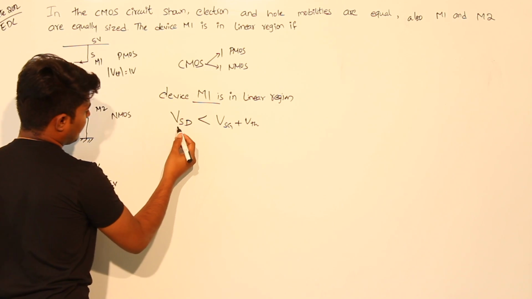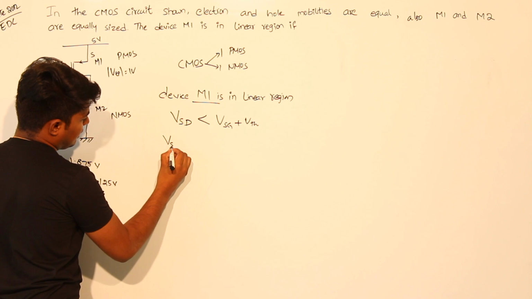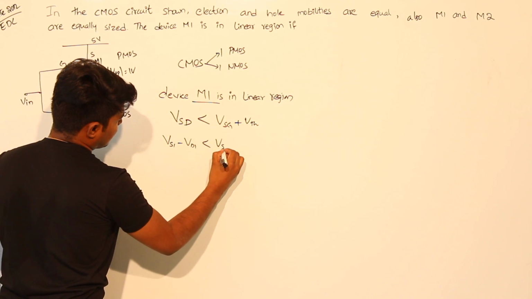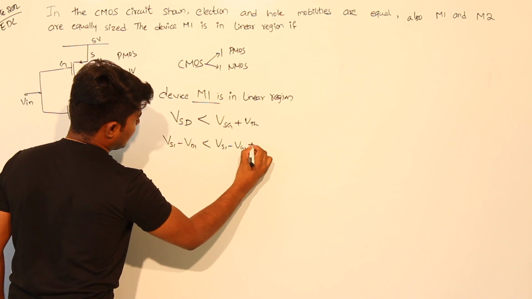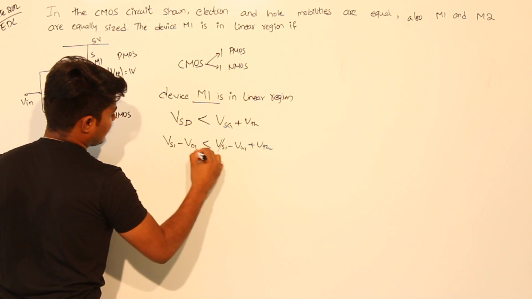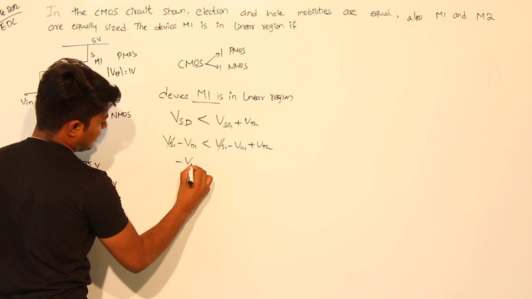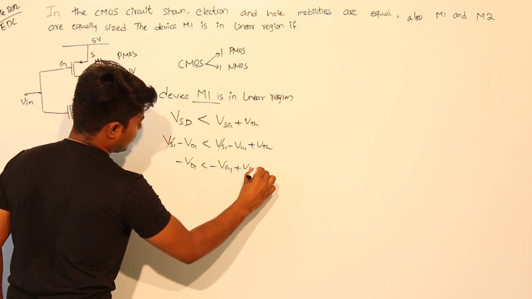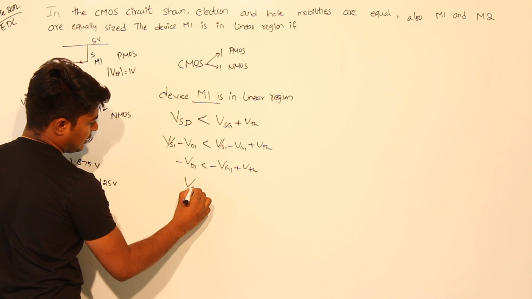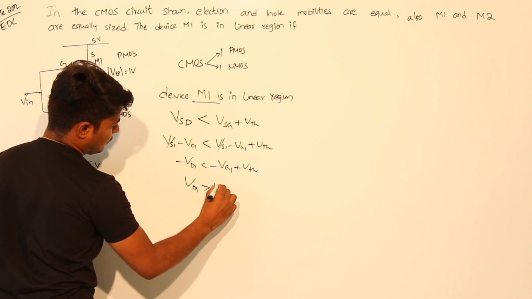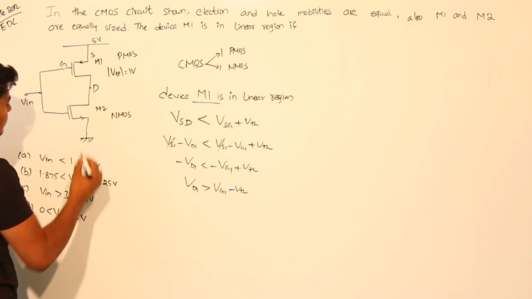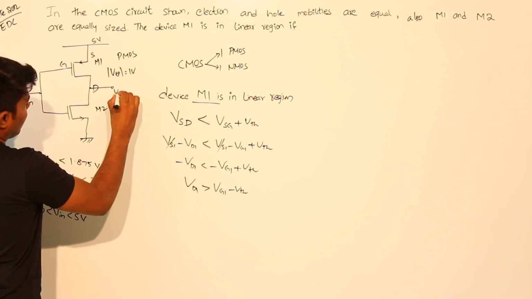Now with respect to the M1 transistor, we write VS1 minus VD1 less than VS1 minus VG1 plus VTH. VS1 gets cancelled: minus VD1 less than minus VG1 plus VTH. Multiplying by minus, VD1 greater than VG1 minus VTH. If you observe here, VD is nothing but V0.